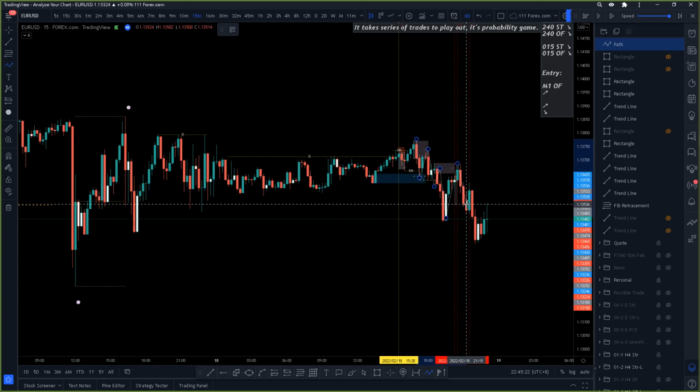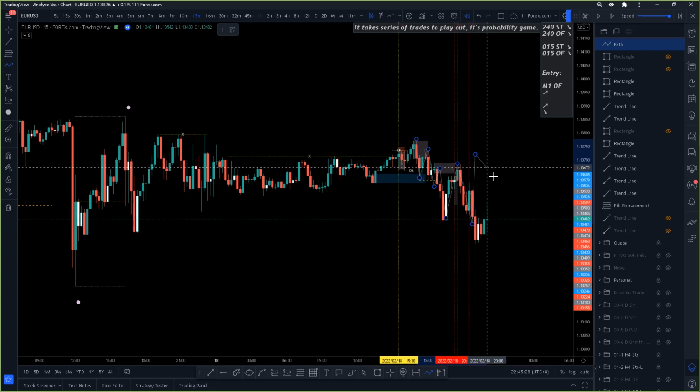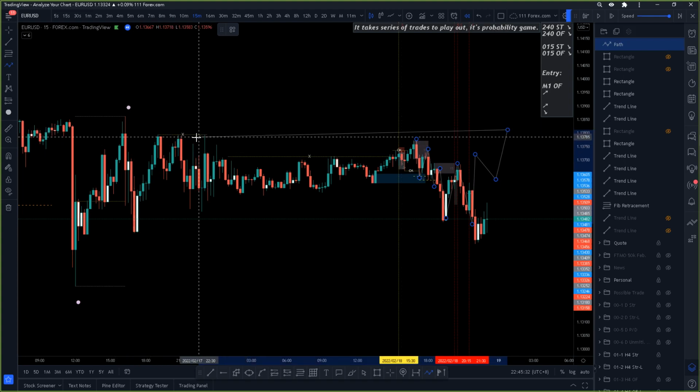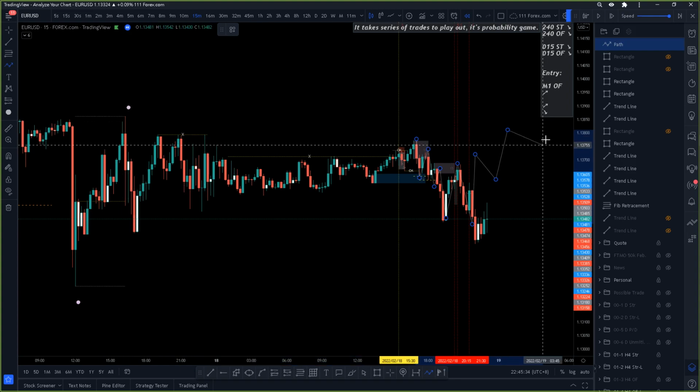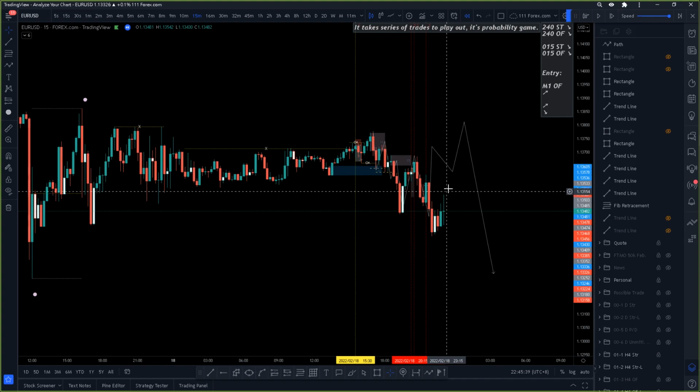I was thinking that it may do this and take all of itself out, tap into the liquidity here or here and keep selling. That's what I was afraid of.